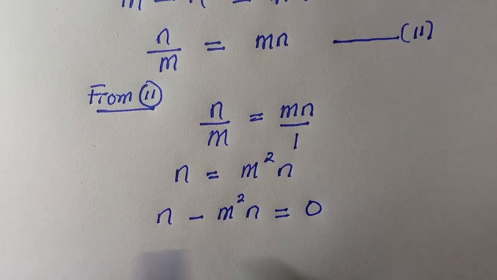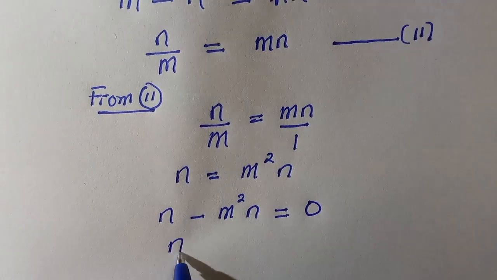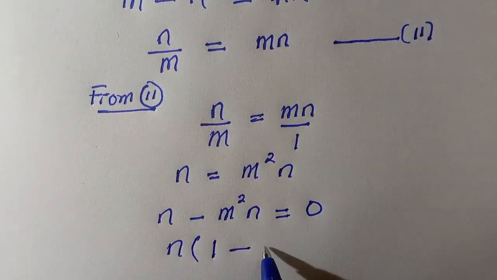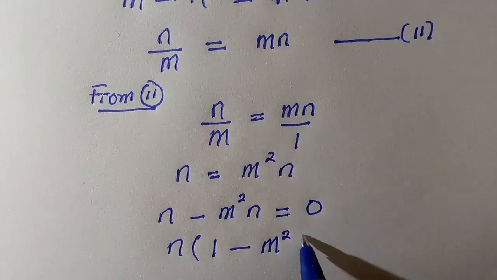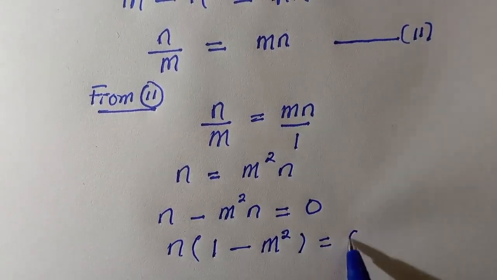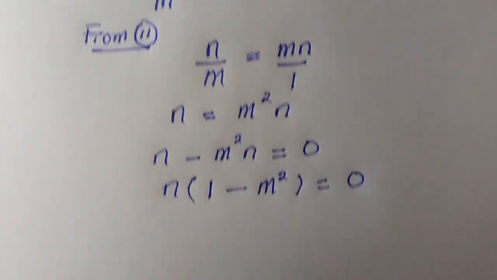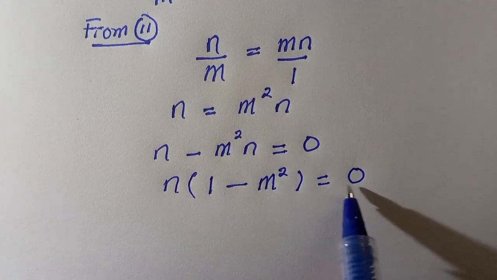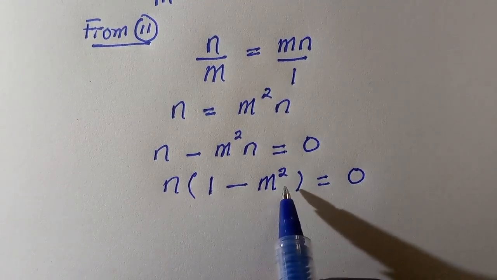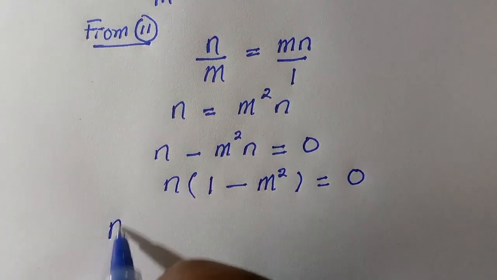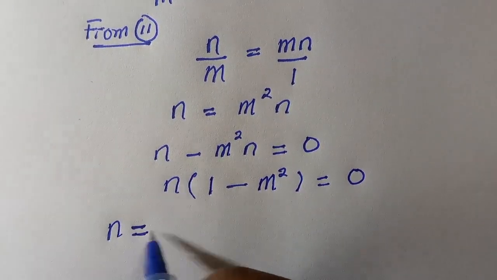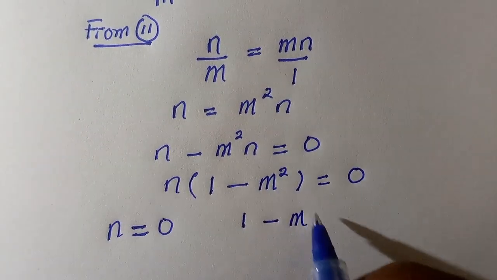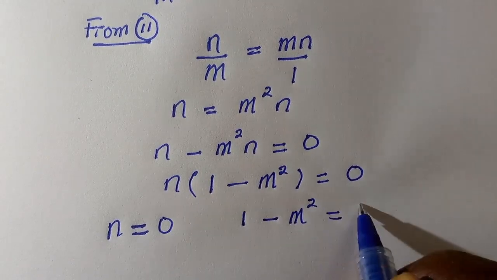We factor it out, and here we have n bracket 1 minus m square equals 0. And next, we are going to have n equals 0, or 1 minus m square equals 0.